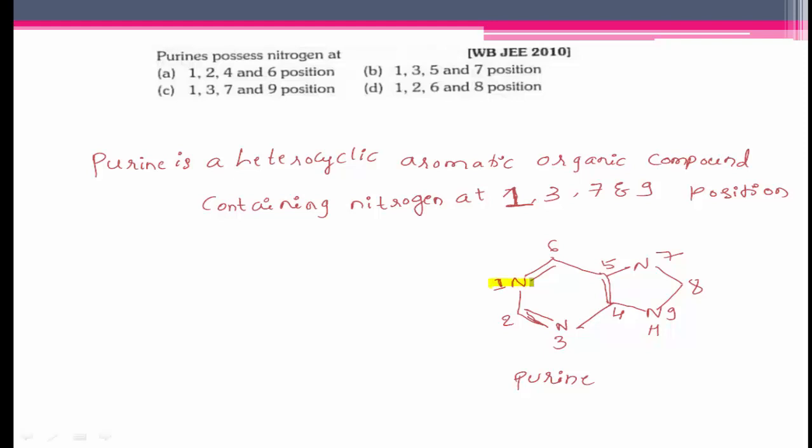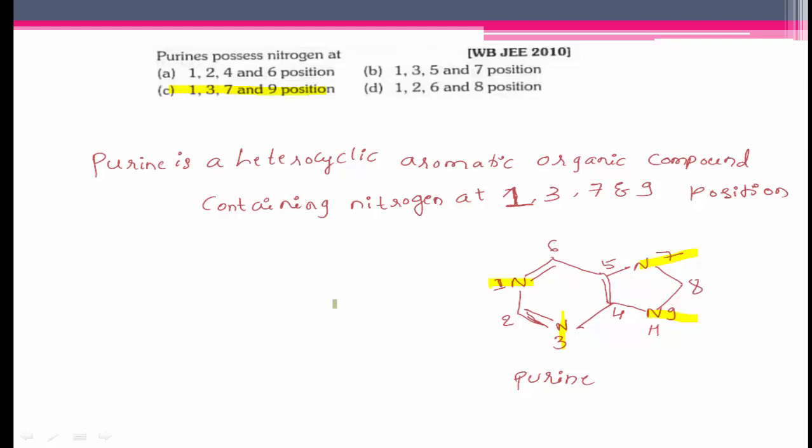Odd number 1, here it is 3, then 7 and 9. These atoms in the ring contain nitrogen. So the right answer for this one is option 3, 1, 3, 7 and 9.